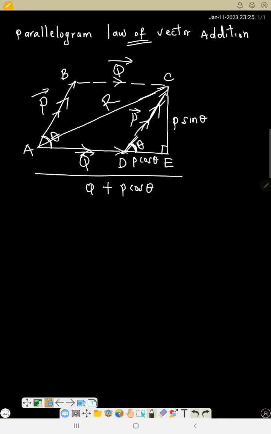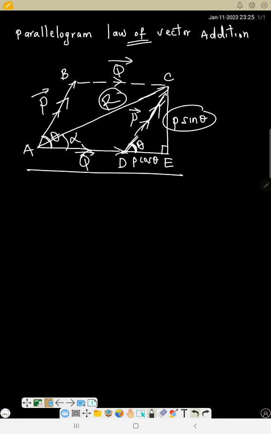So using Pythagoras theorem, what is Pythagoras theorem? Pythagoras theorem states that hypotenuse square. So if you consider this triangle now, you will notice this is the hypotenuse. I will represent this angle as alpha. That will be the opposite. So this is hypotenuse r, opposite is this, while adjacent is all this.